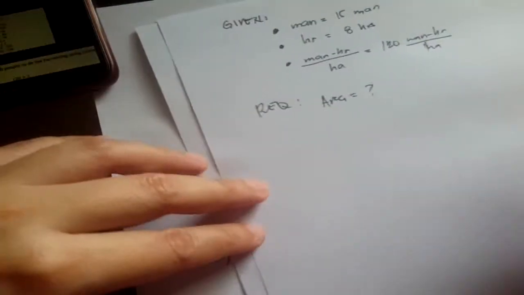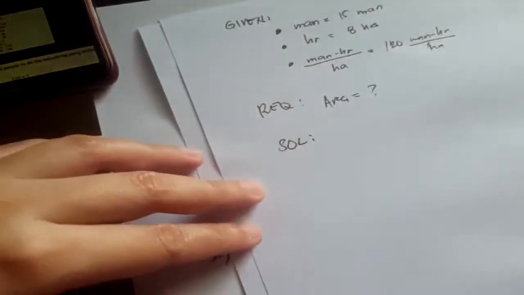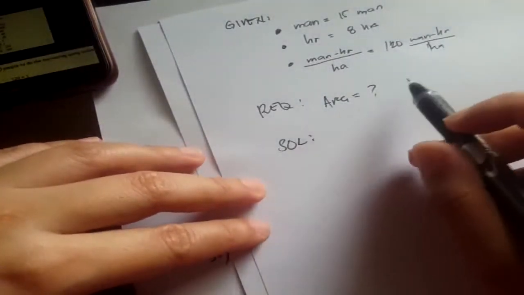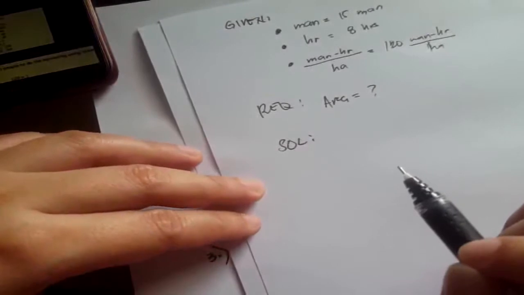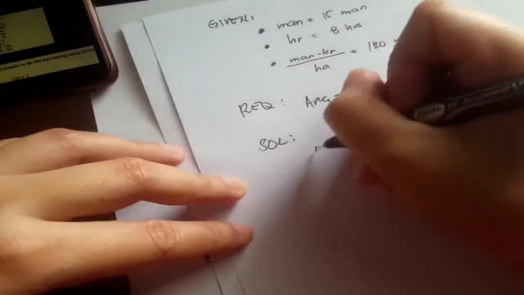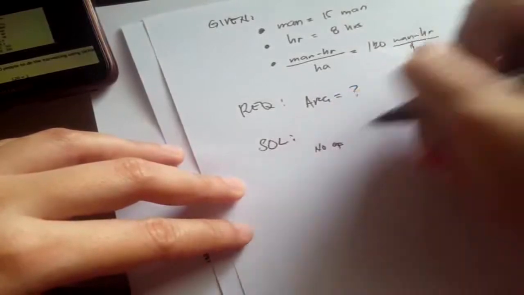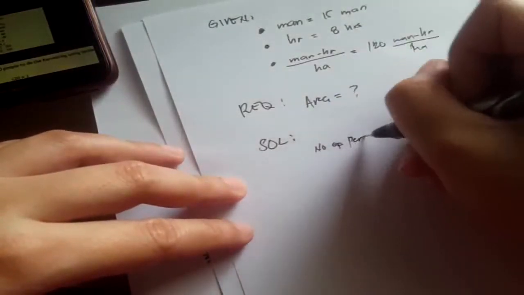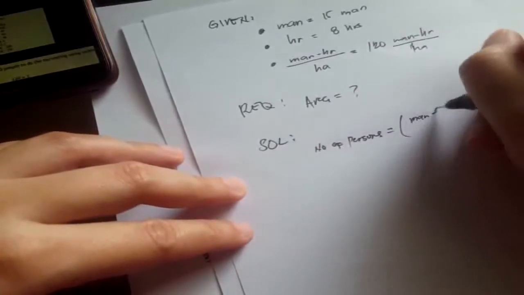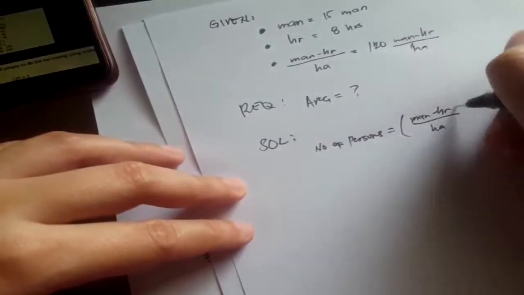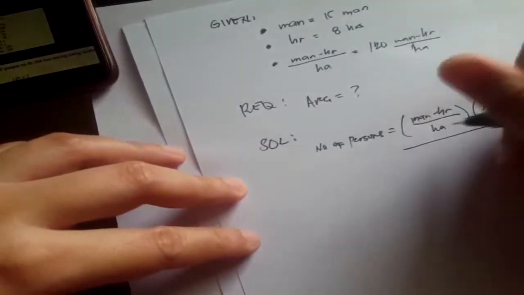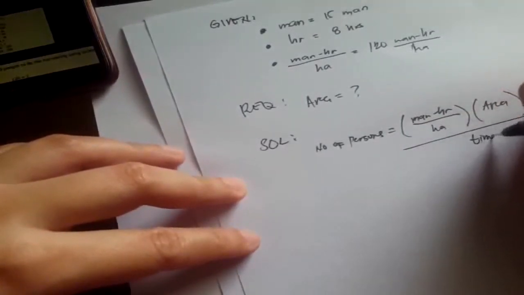Okay. So for the solution, you first need to establish the formula for area, but we don't know it yet. We have our main formula, which is the number of persons is equal to our man-hour requirement times area divided by time.